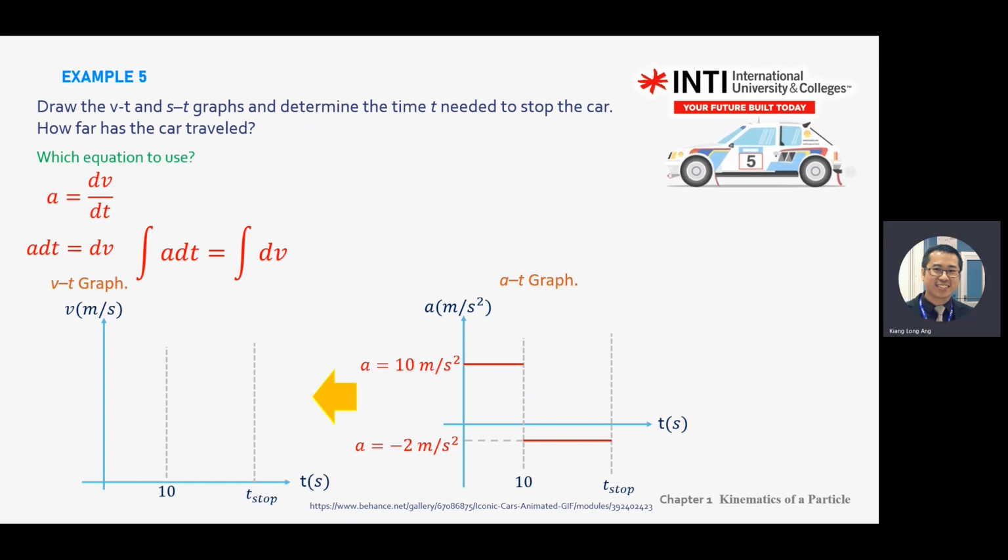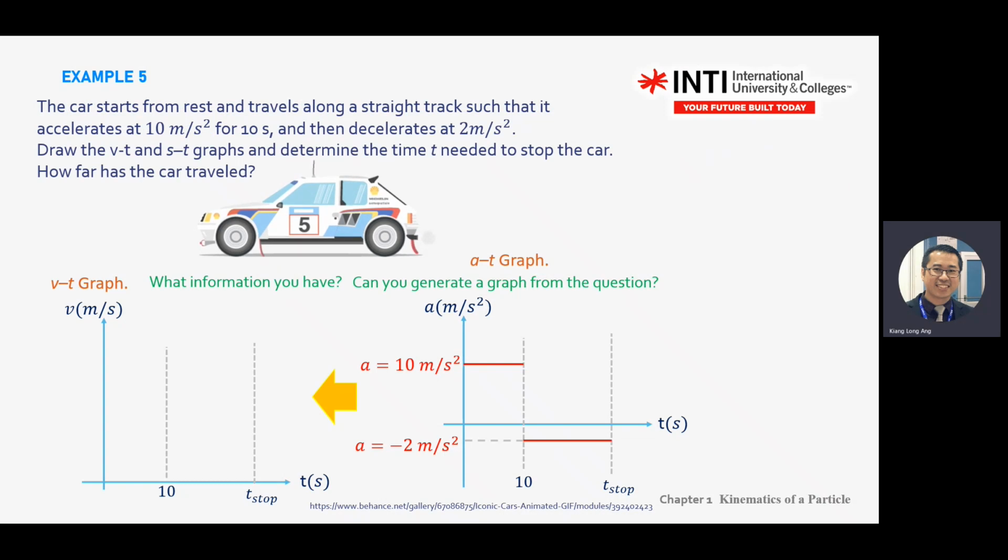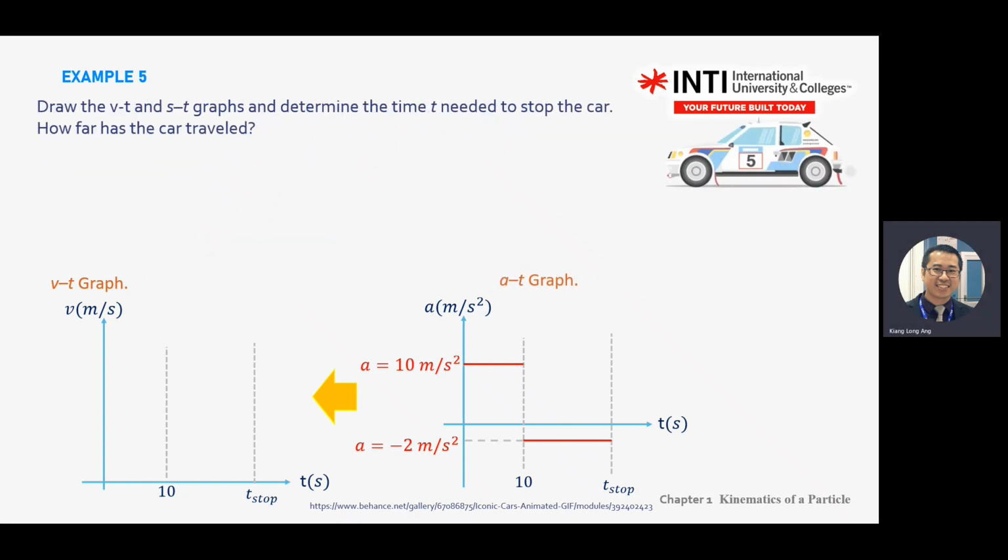Then this side is your velocity from lower limit to upper limit. You accelerate means you are increasing and increasing, and the question also tells you start from rest. So you know that there's a point here, 100.